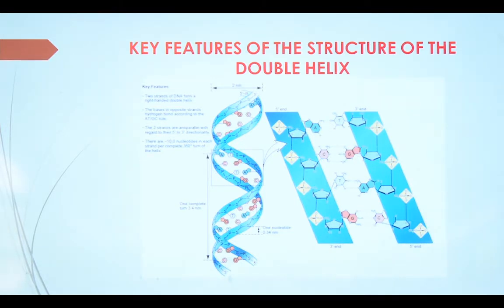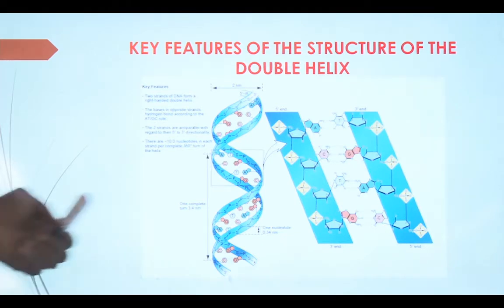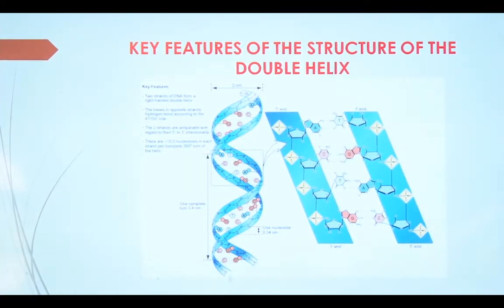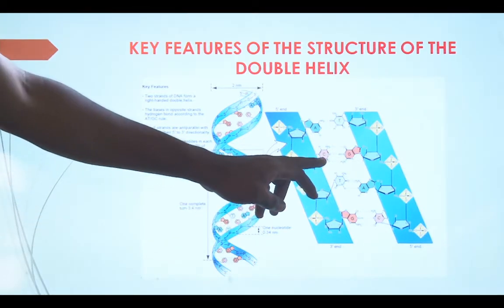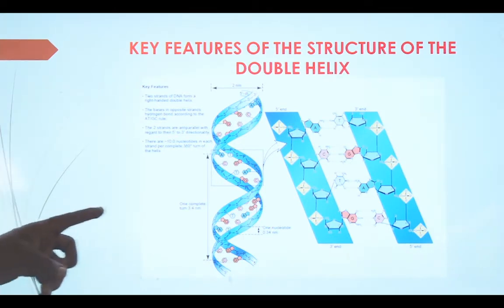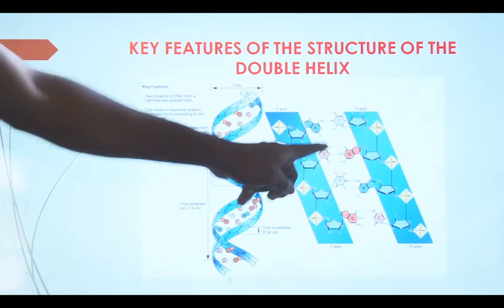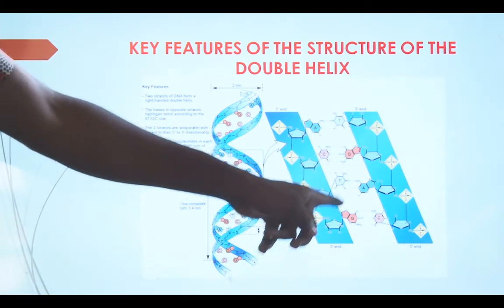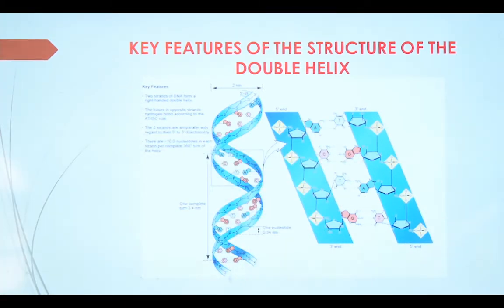Now, you could see that over here, adenine is pairing with thymine, and we have said that adenine is a purine, whereas thymine is a pyrimidine. Then over here, cytosine is pairing with guanine, and we also said that the pairing between adenine and thymine is a double bond, whereas the pairing between cytosine and guanine is a triple bond.